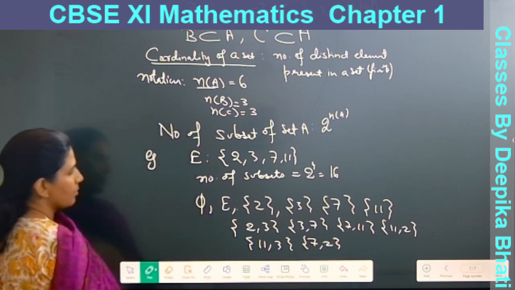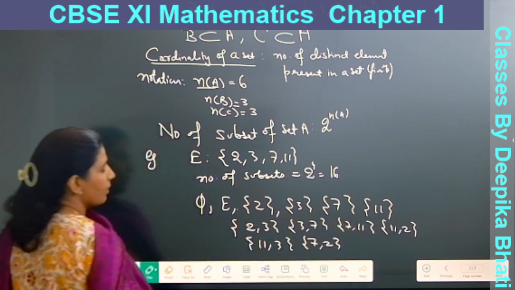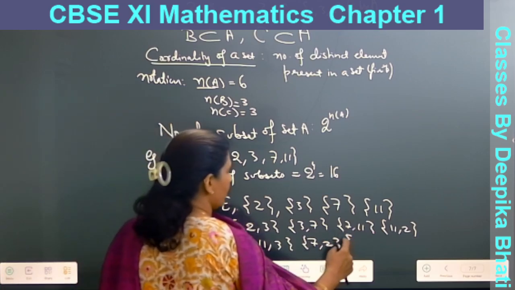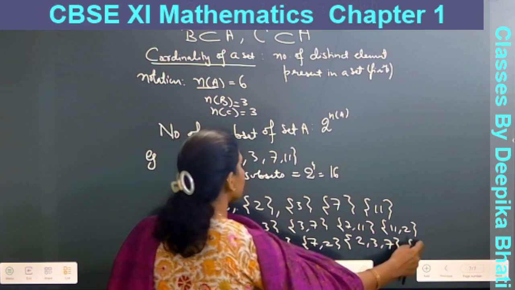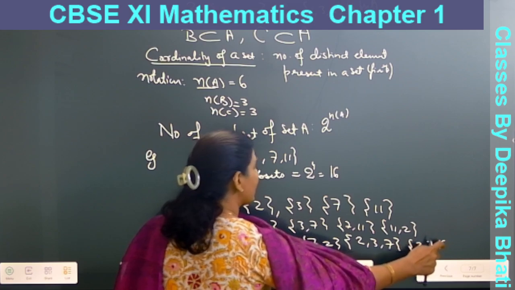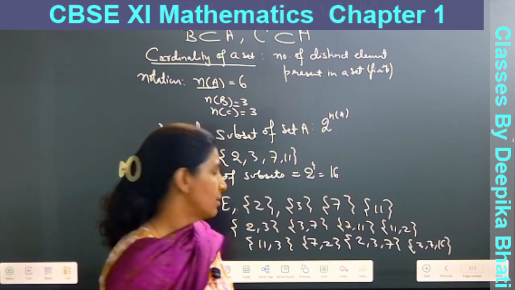In this way, 1, 2, 3, 4, 5, 6. Then we have triplets, where we need to keep 3 elements. Likewise, we can form 16 different subsets.